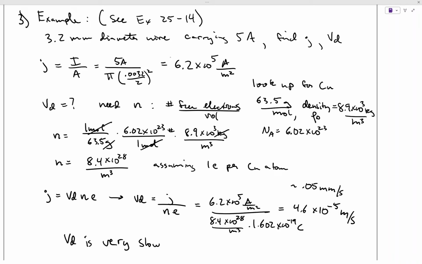And this is this idea of drift velocity. And this is an idea that will come up again later when we get into some magnetism-related topics. So this is why we wanted to talk about this now and look at an example in detail now.